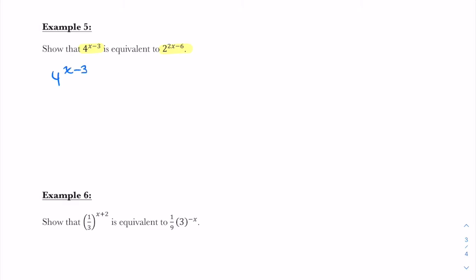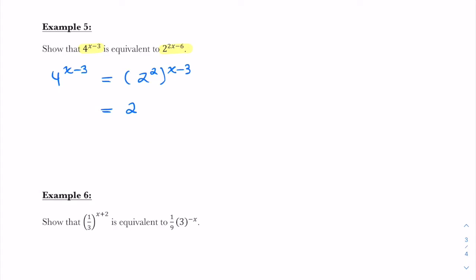You're trying to write something with a base of 4 as being equivalent to something with a base of 2. In order to do this, replace 4 with a power of 2. 4 is equivalent to 2 to the exponent 2. And then to further simplify this, you can use your power of a power rule.